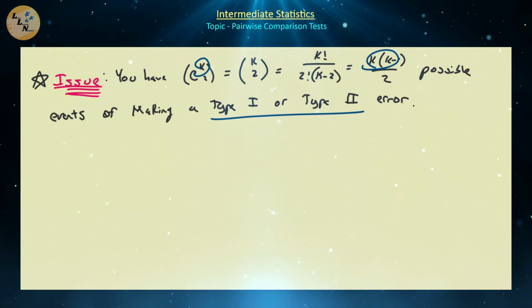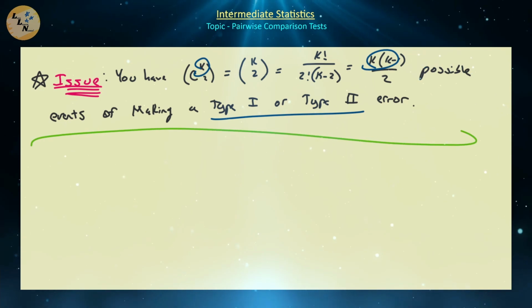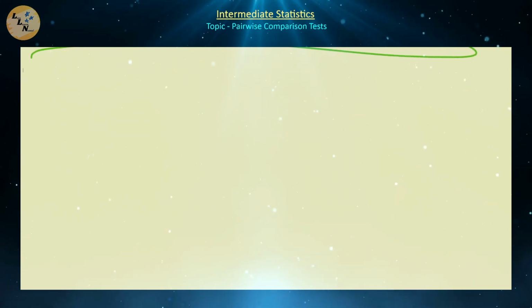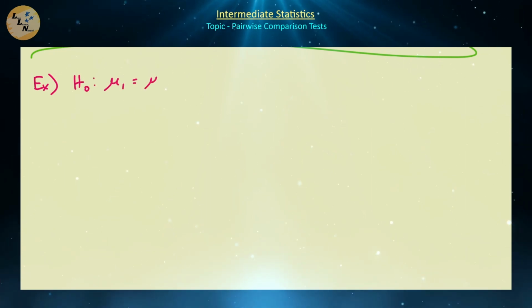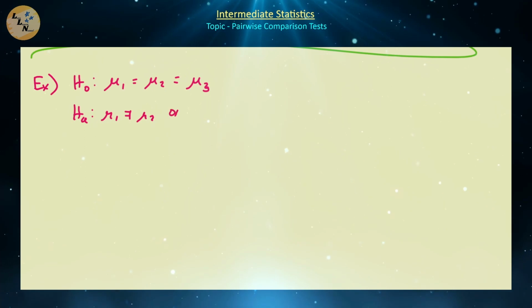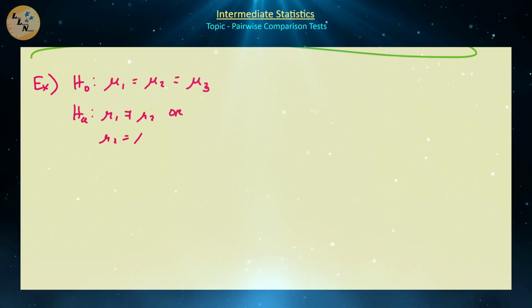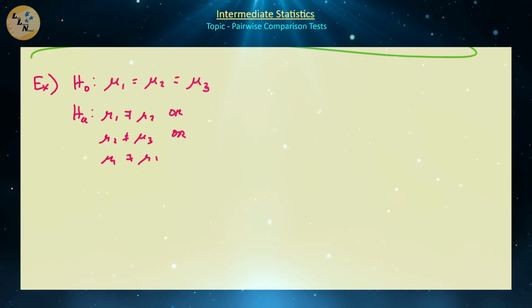So with that little bit of advice here, let's do another example on pairwise comparison tests, but instead of looking at the variances, let's look at the means. So let's assume we're interested in testing that mu1 equals mu2 equals mu3, and we'll use the alternative that either mu1 does not equal mu2, or mu2 does not equal mu3, or mu1 does not equal mu3.